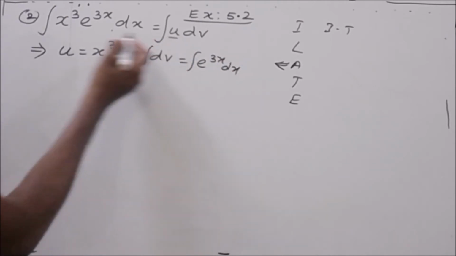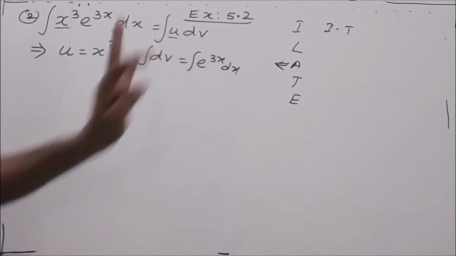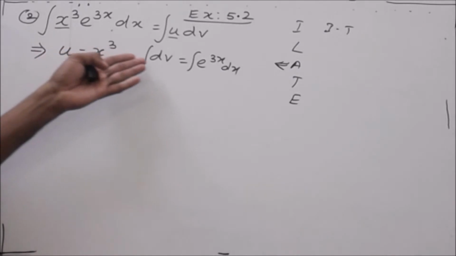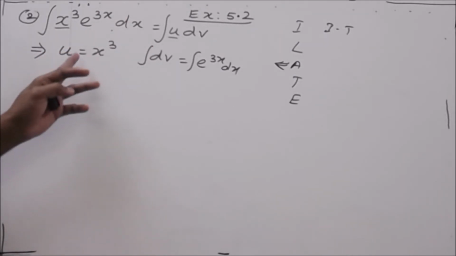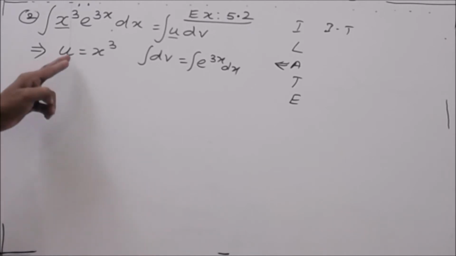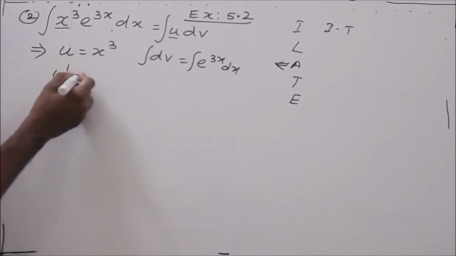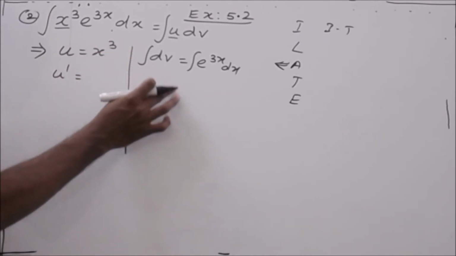The particular term is taken as u, the remaining are dv. Now, to get v, integrate dv, and then find successive derivatives for u. Here we are differentiating, here we are integrating.